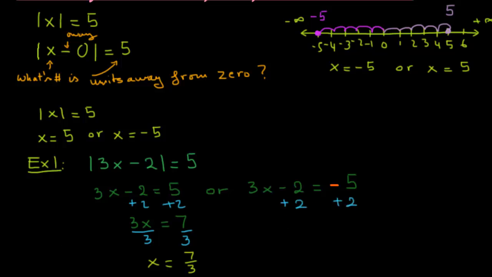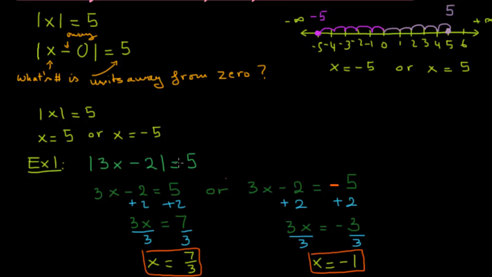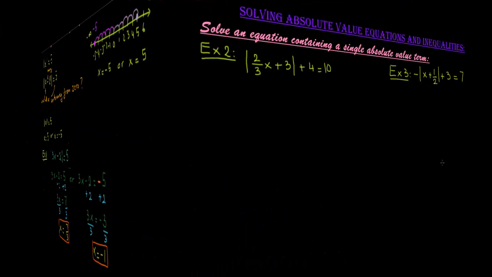We have 3x equal to -3, and divide by 3 on both sides, so x equal to -1. So x equal to 7/3 and x equal to -1 is my answer for this absolute value equation.